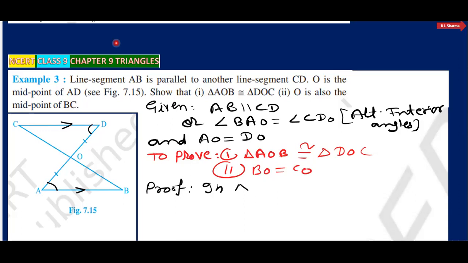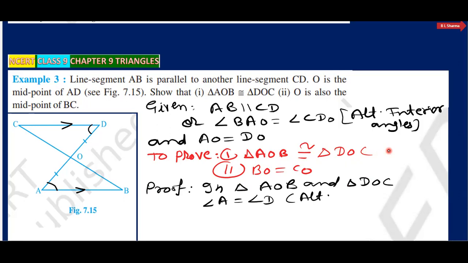In triangle AOB and triangle DOC, जो ट्राइंगल हमें प्रूव करना है वही ट्राइंगल लेते हैं. We have to prove that triangle AOB is congruent to triangle DOC. देखिए, angle A is equal to angle D. These are alternate angles.